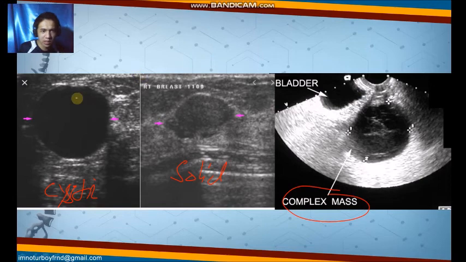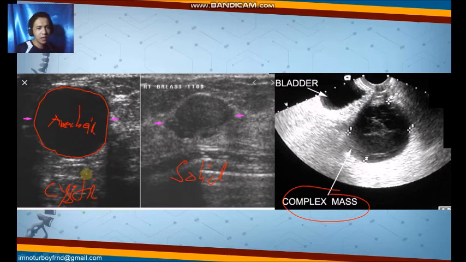Okay, so as described, it has a well-defined wall, a smooth border, and it has an echo-free center. That means black, or anechoic. The center is echo-free because, again, this mass contains fluid, and ultrasound travels best in water or fluid.